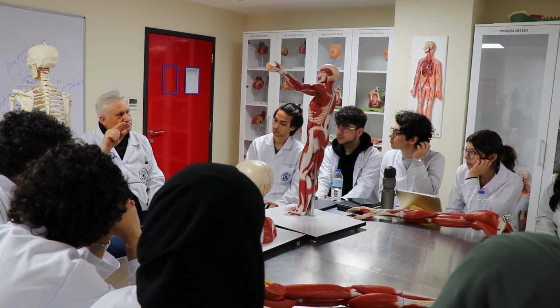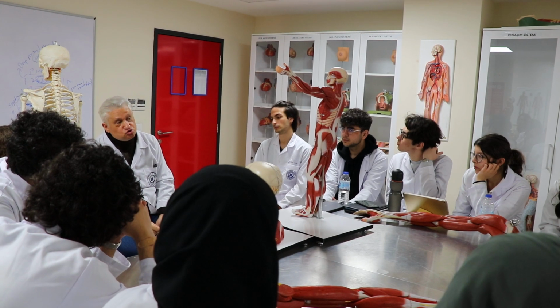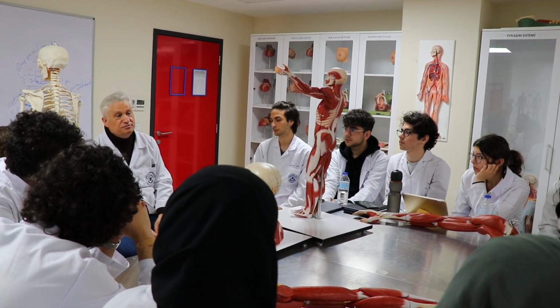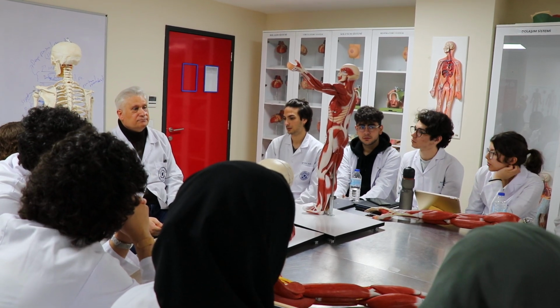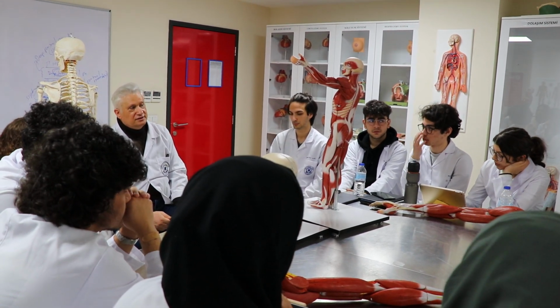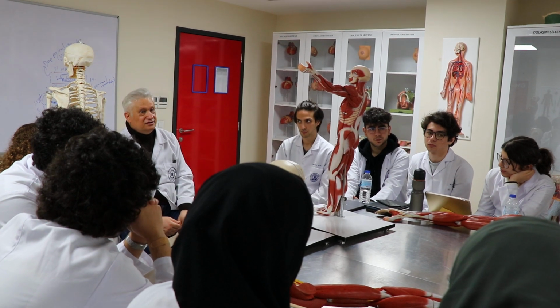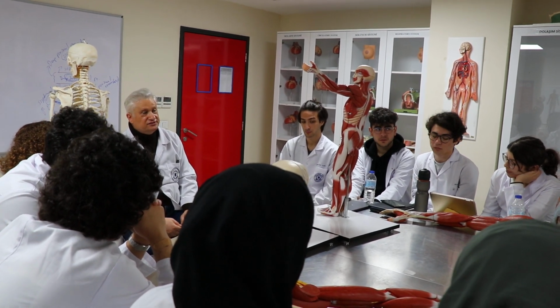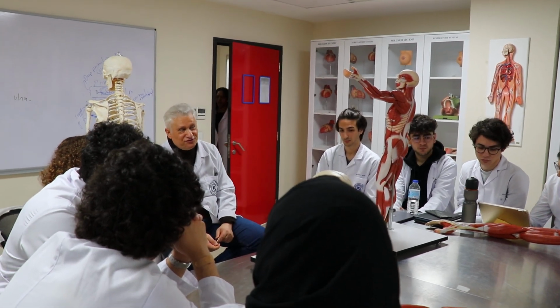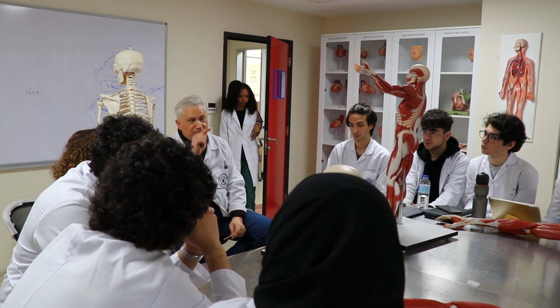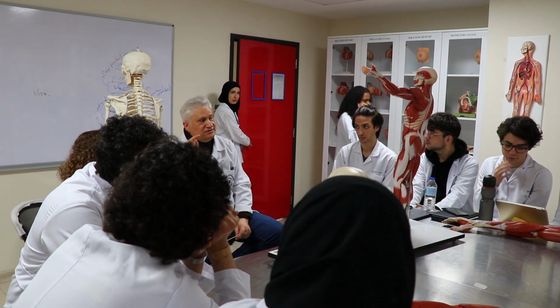Then we have the next nerve. We have the upper trunk, the superior trunk. Which nerve comes out from the upper trunk? Musculocutaneous nerve? No, the superior trunk of the brachial plexus. We have the suprascapular nerve, isn't it? Right, suprascapular nerve and nerve to subclavius.